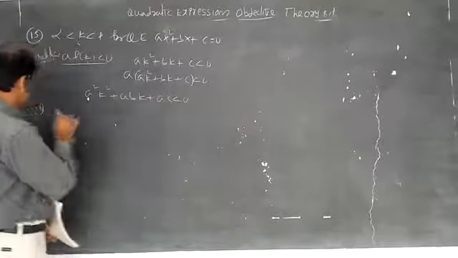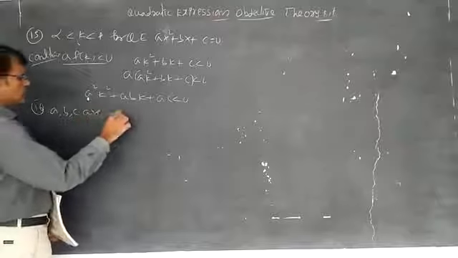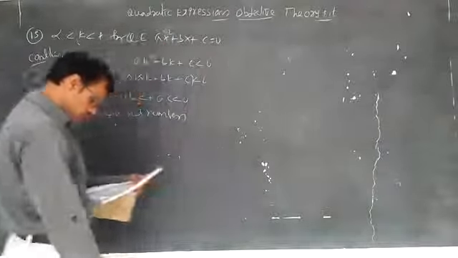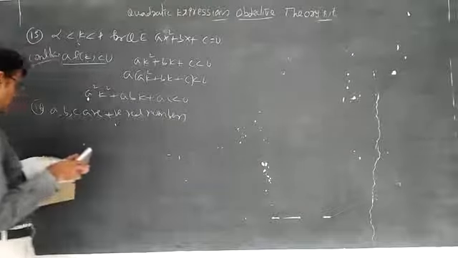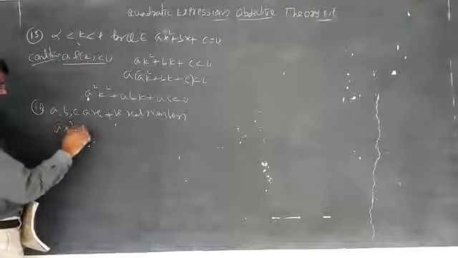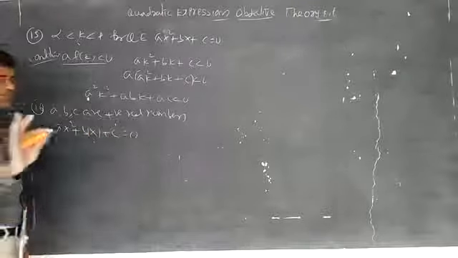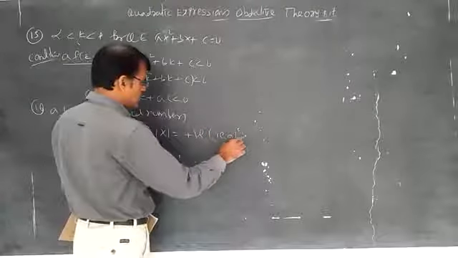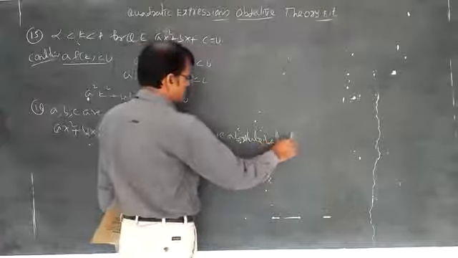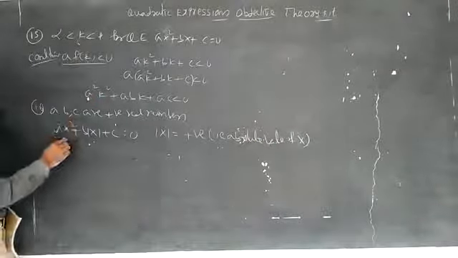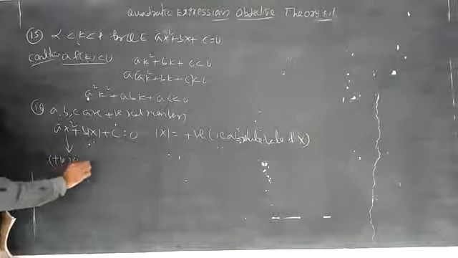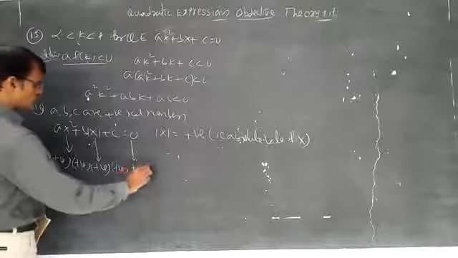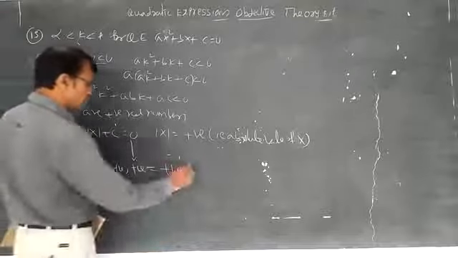If a, b, c are positive real numbers, then the number of real roots of the equation ax square plus b mod x plus c equal to 0. Students, understand that mod x is the absolute value of the variable x, which is positive. Since a, b, c are positive, positive into positive plus positive into positive plus positive becomes positive, not 0.